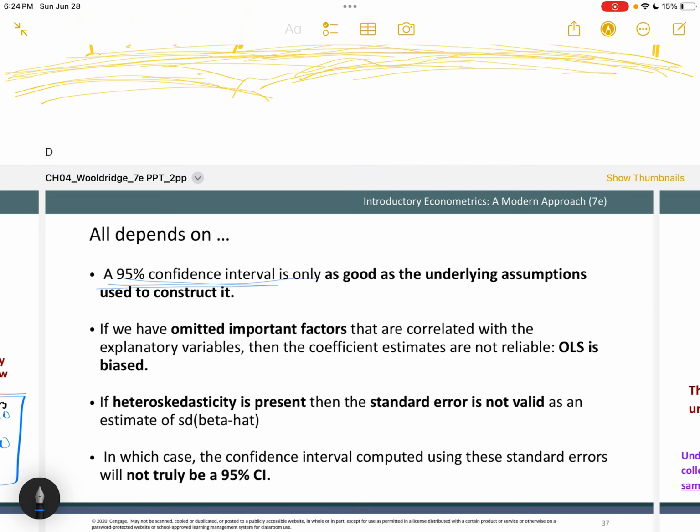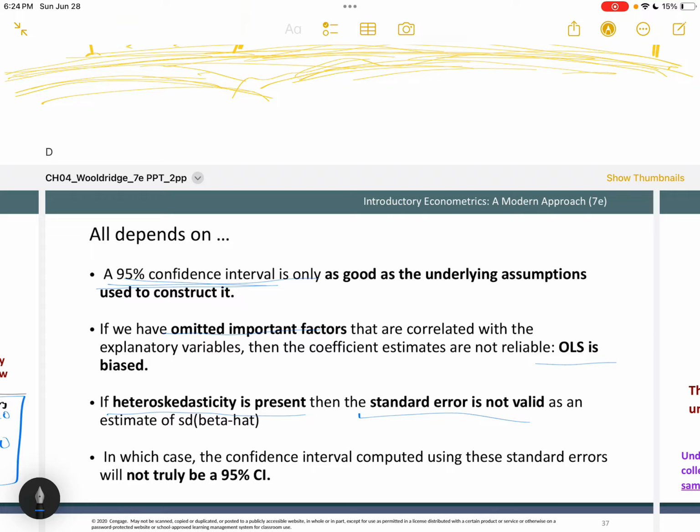Now, some caution, a word of caution. Your 95% confidence interval is only as good as the underlying assumptions you use to construct it. So if you have any omitted variable issues there, well, first of all your coefficients are biased, the coefficient estimates will not be reliable, and the OLS estimates are all biased. If there is heteroscedasticity present, then the standard error is not valid.